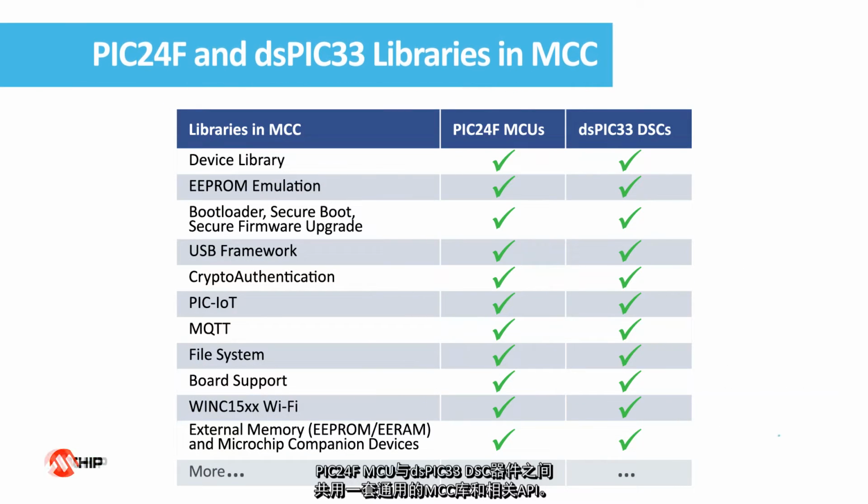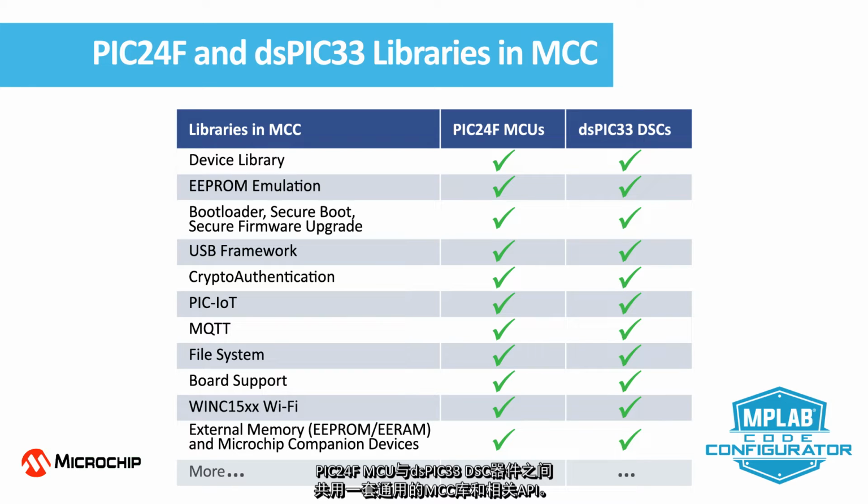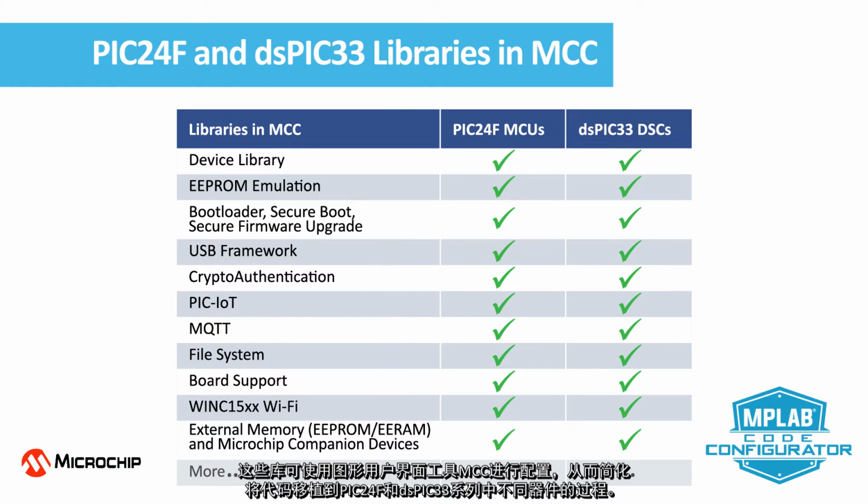The PIC24F MCUs and the dsPIC33 DSCs share common MCC libraries and associated APIs across the devices. These libraries are configurable using MCC, a graphical user interface tool, to simplify migration of your code to different devices in the PIC24F and dsPIC33 families.